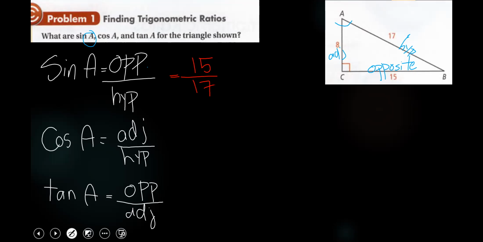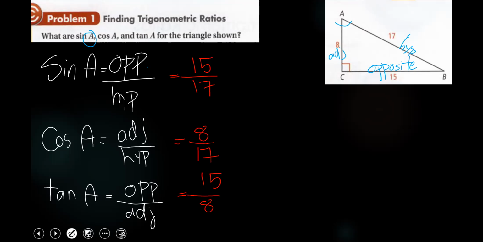Now cosine A: 8 over 17. Bravo. And where is the tangent here? 15 over 8. Bravo.